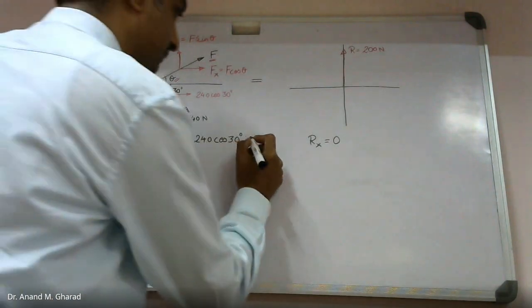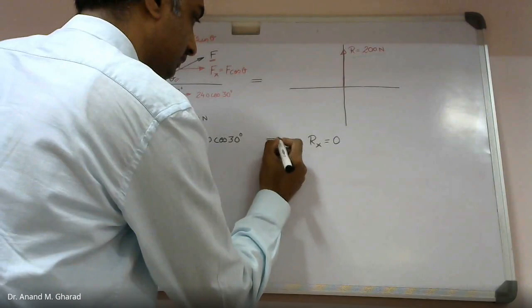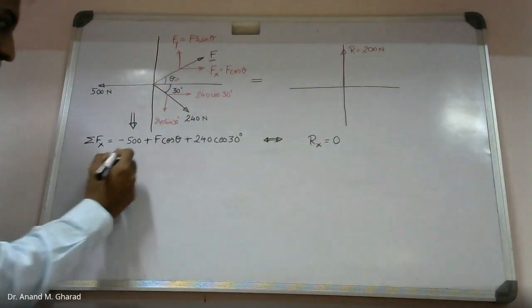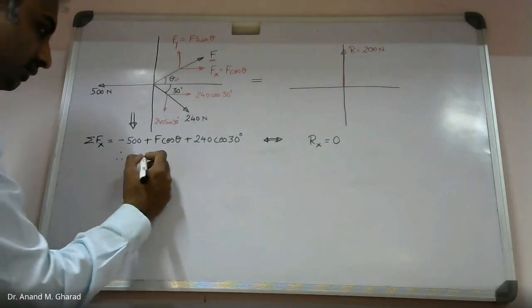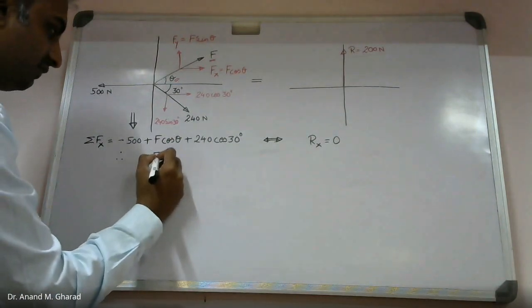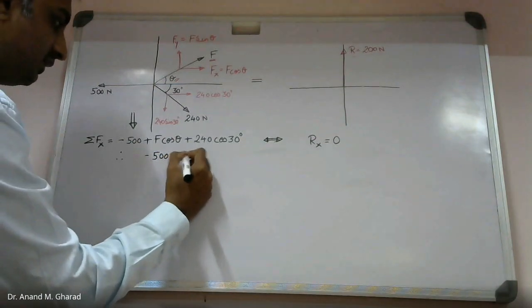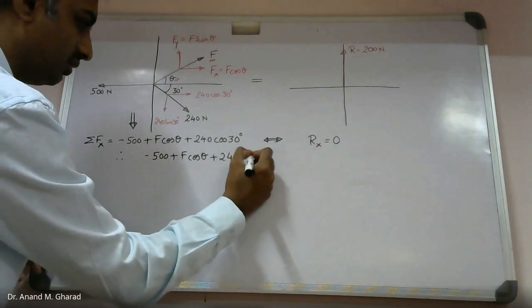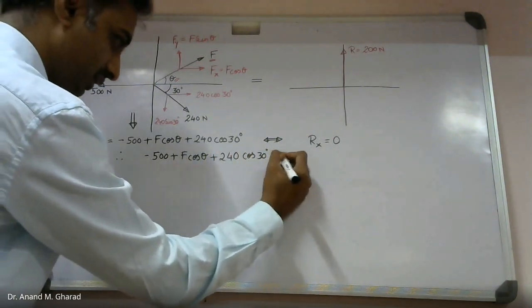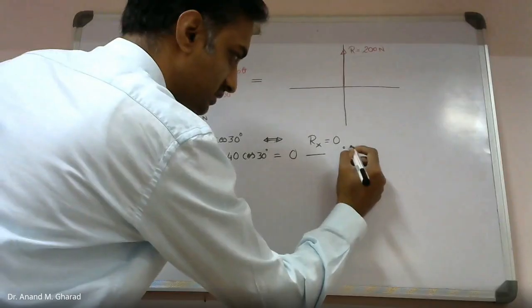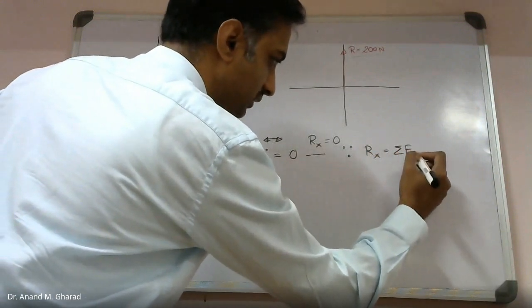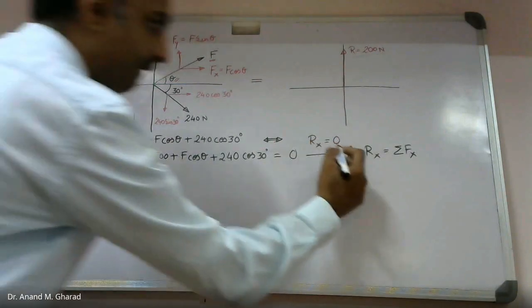These are equivalent terms, and therefore minus 500 plus F cos theta plus 240 cos of 30 is equal to 0, since Rx is equal to summation of force in x direction.